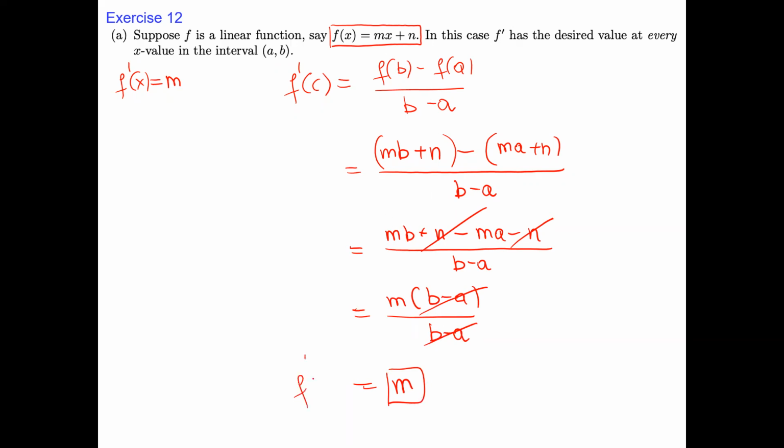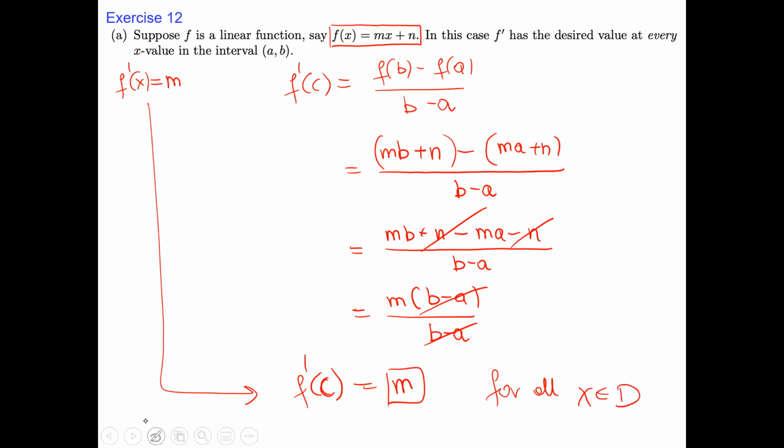And at the same time, the derivative is always m. It works for every value, for all x's in the domain, and the domain is all of the real numbers. We can see through the right-hand side of the mean value theorem that the claim is true. It's funny: the average rate of change is the same as the instantaneous rate of change.